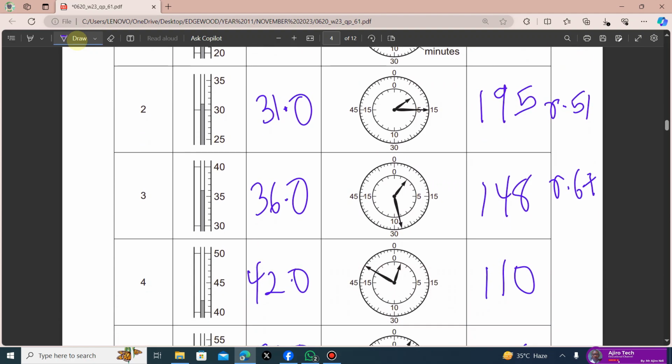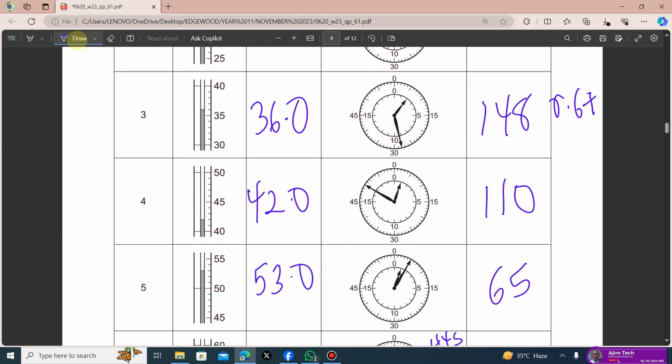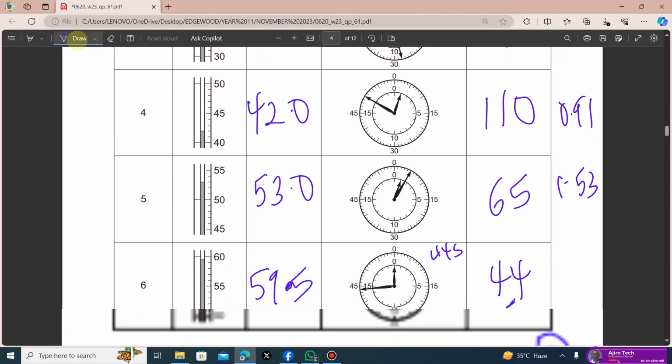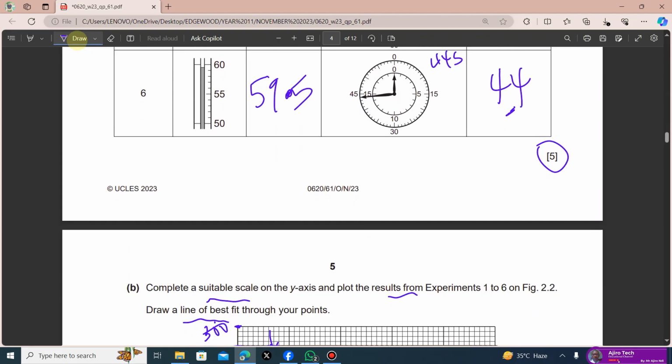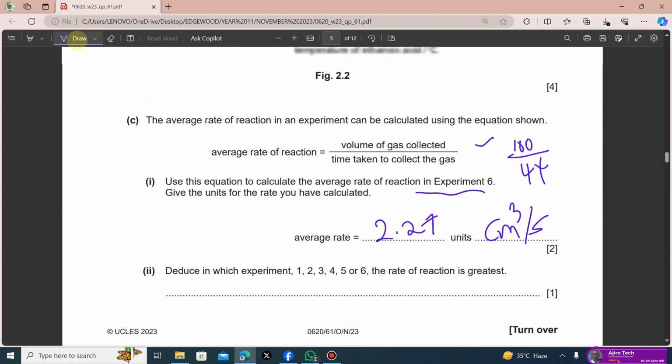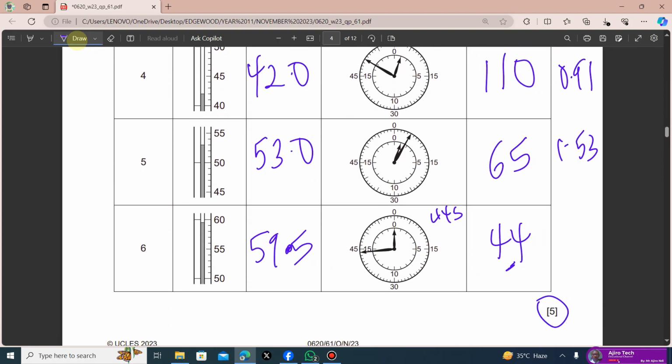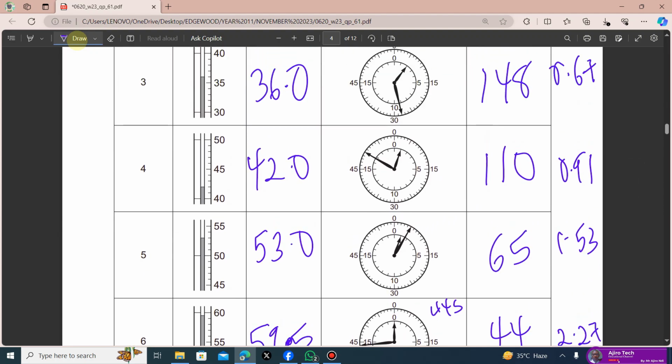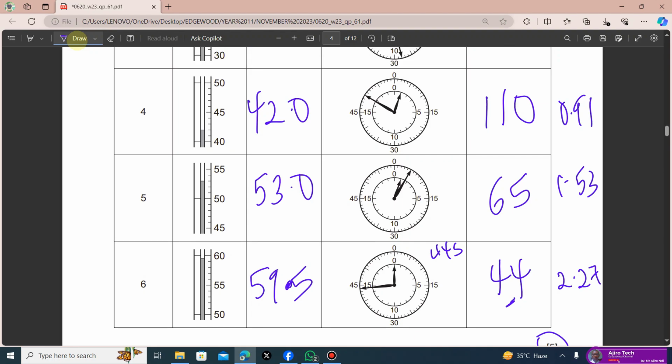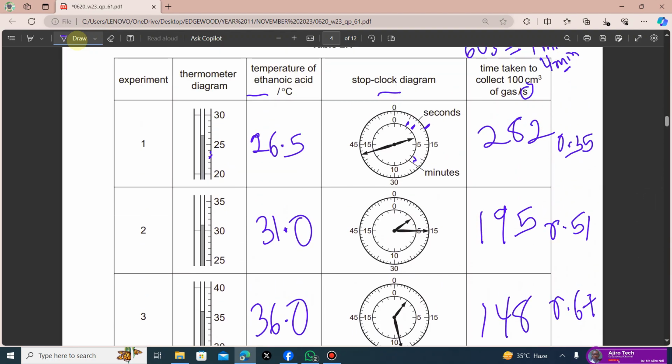Then 100 divided by 110, and we have 0.91 in this case, and then 100 divided by 65, we have 1.53, and then 100 divided by 44, what we had was 2.27. So if you look at all these values from the first experiment to the sixth, you observe that experiment 6 has the largest rate of 2.27, greater than every other one.